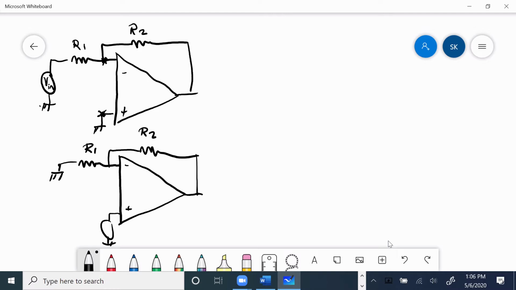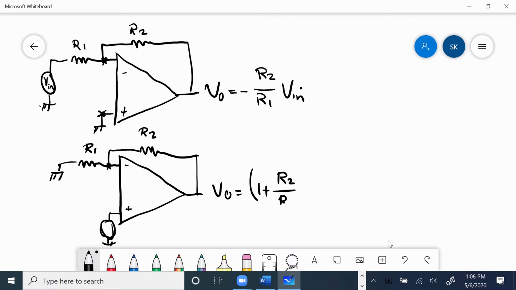And here, this is not grounded, and whatever the voltage is here is almost there. That is the point. So here V out is minus R2 over R1 V in, and here V out is 1 plus R2 over R1 V in.